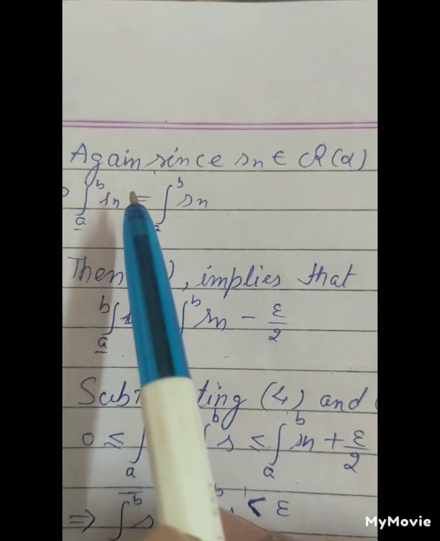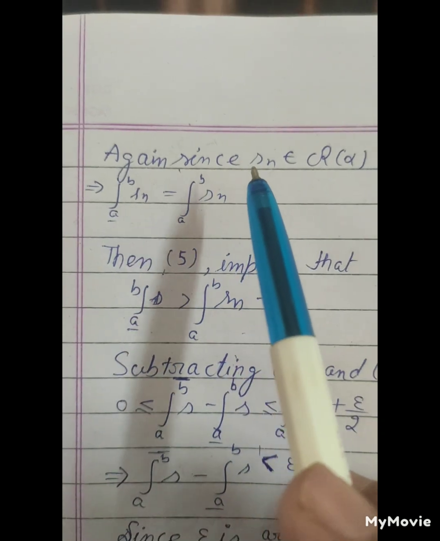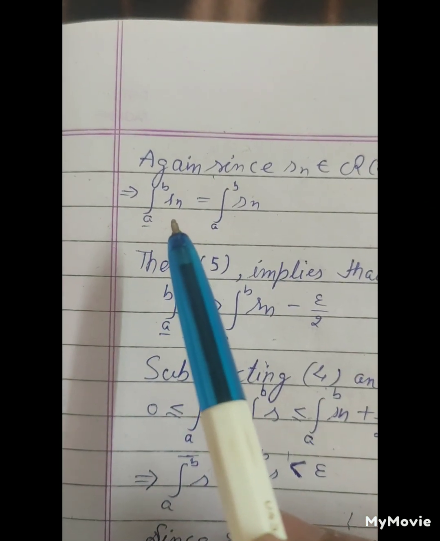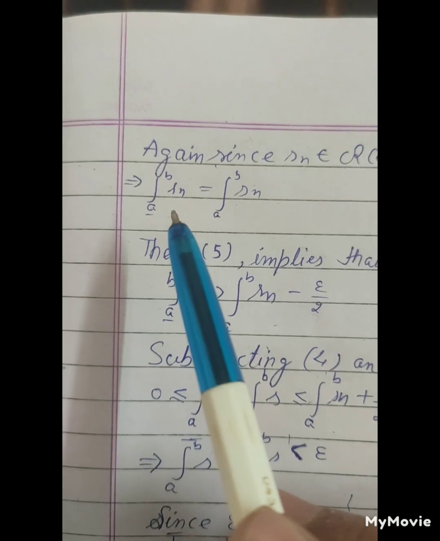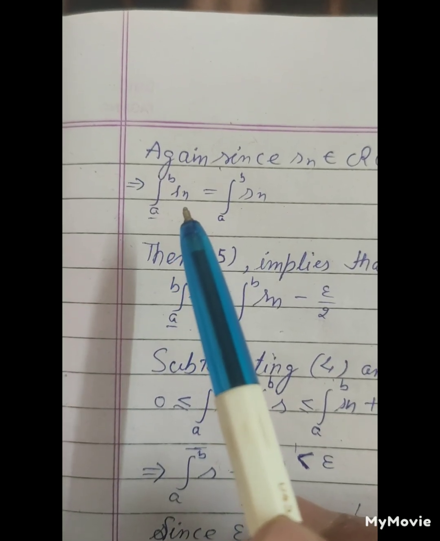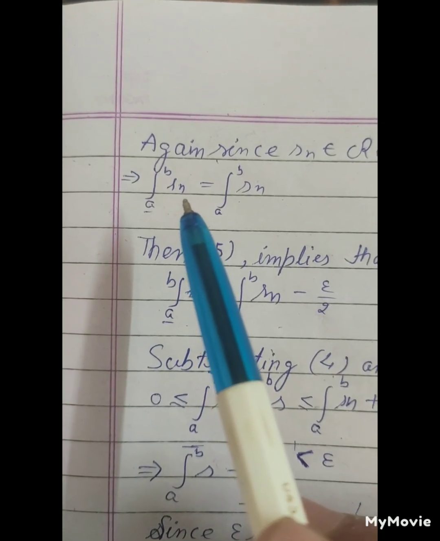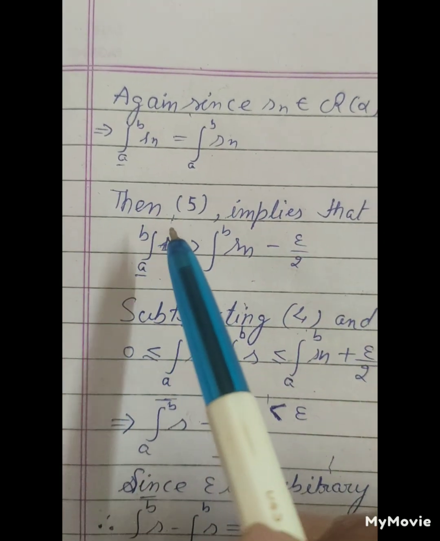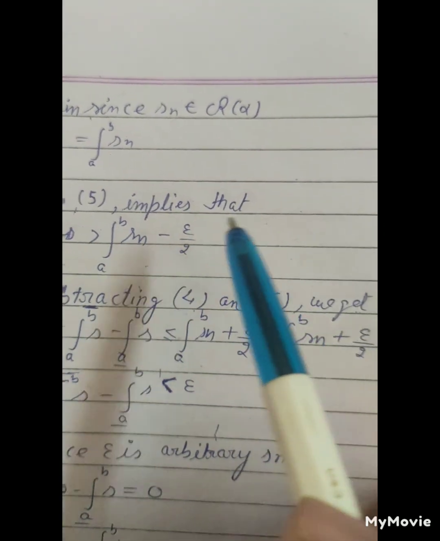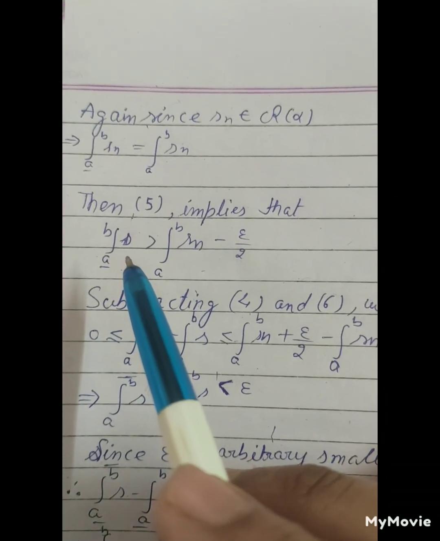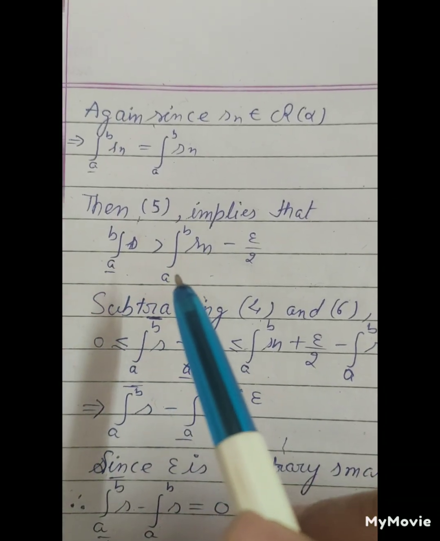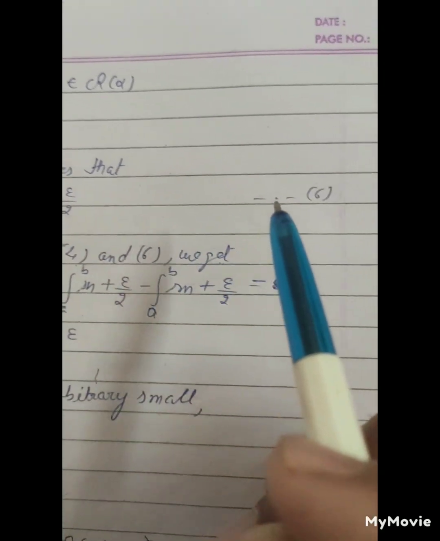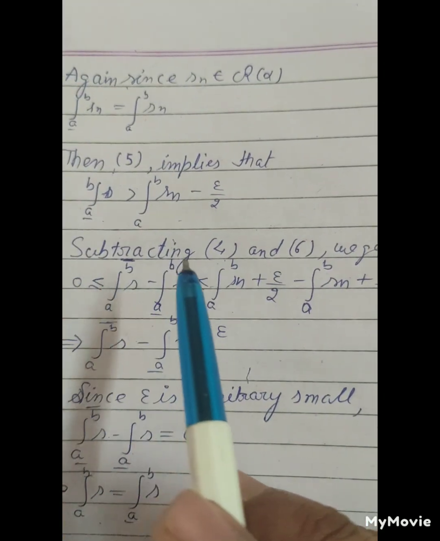Equation 5. Again, since S_n belongs to R(alpha), the lower Riemann integral of S_n is equal to the integral a to b of S_n. Then 5 implies the lower Riemann integral of s is greater than the integral a to b of S_n minus epsilon upon 2. Equation 6.